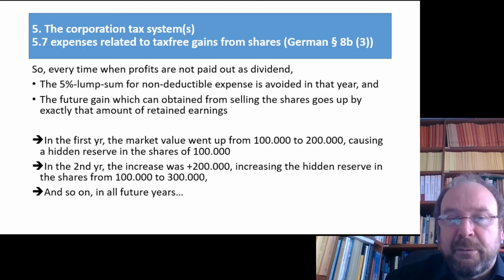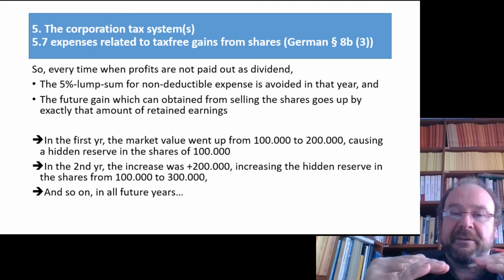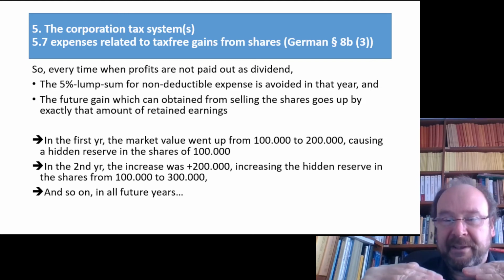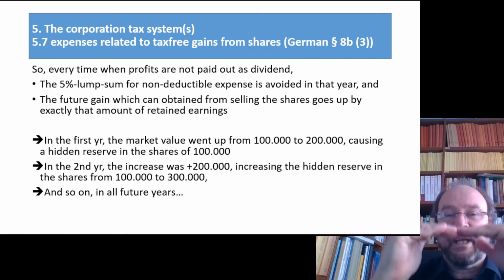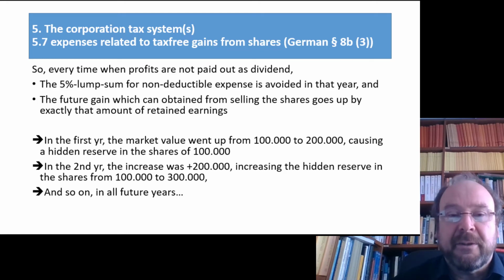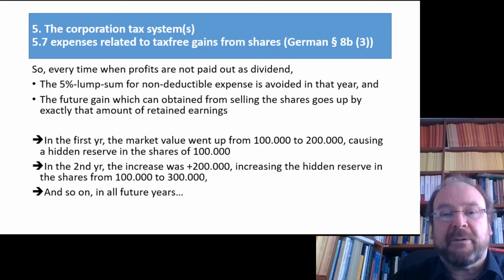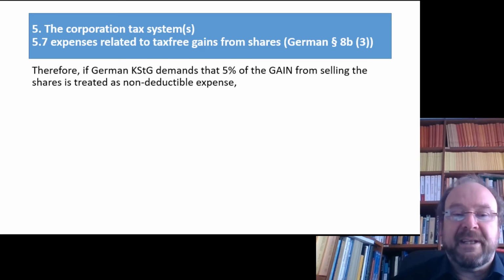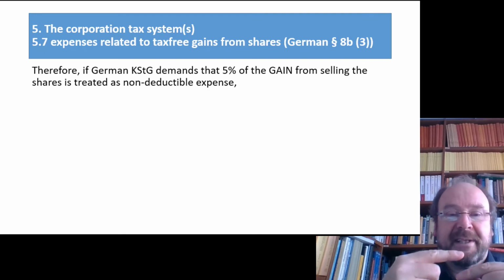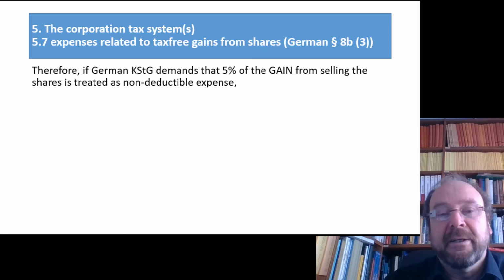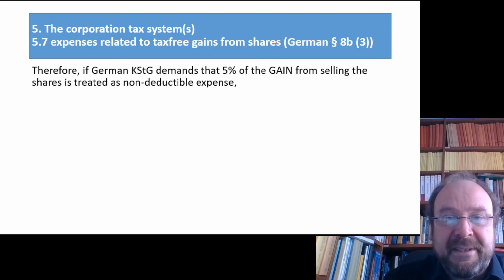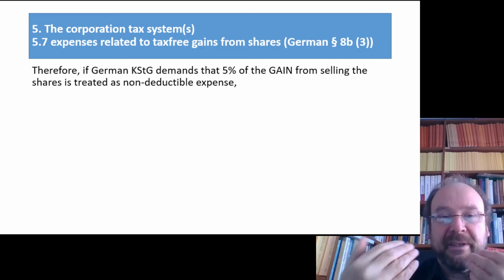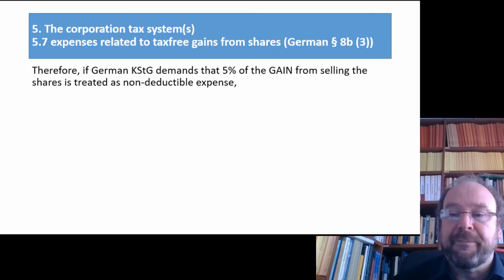They said, well, now every time when somebody doesn't pay out dividends, the gain is increased. So we don't get our 5% lump sum now, but if we then demand a 5% lump sum on the gain, we get these missing 5% for the current expense later at the moment when the gain is realized by a sale.